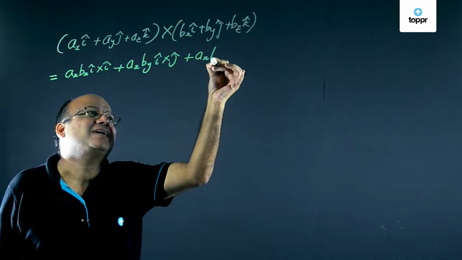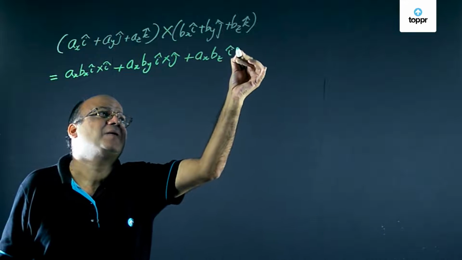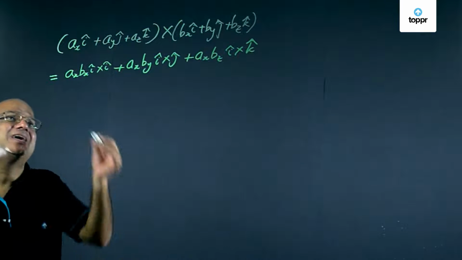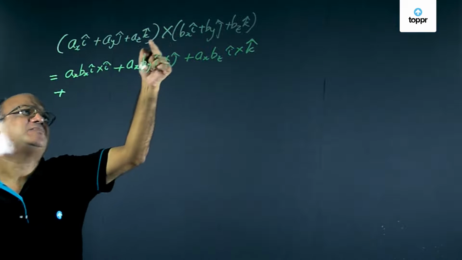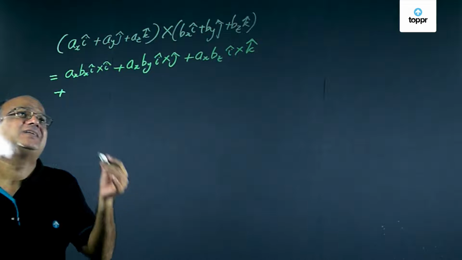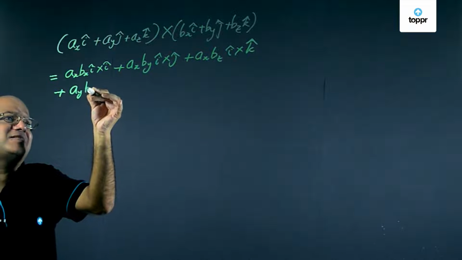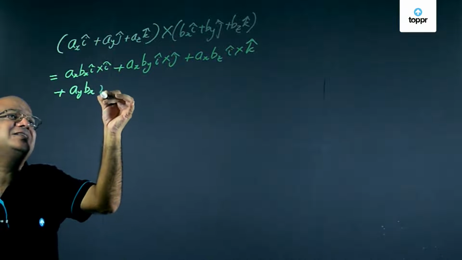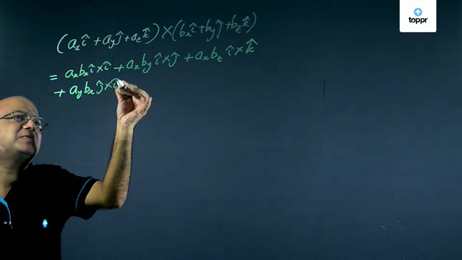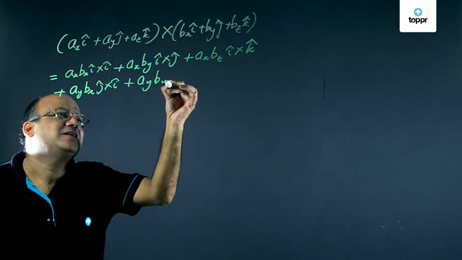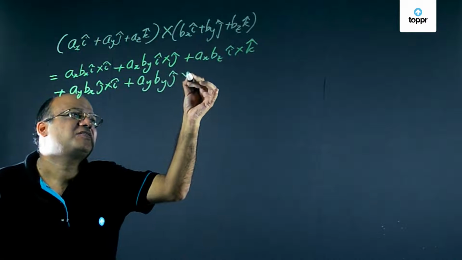Ax Bz, i cap cross k cap. Now we'll multiply the next term with each of these. So what will we get? Ay Bx, j cap cross i cap. Ay By, j cap cross j cap.